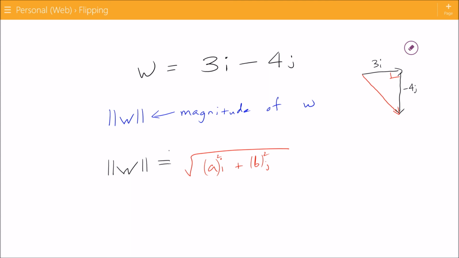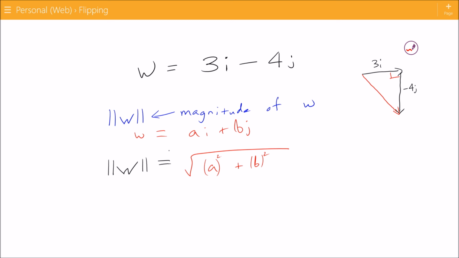And actually, we can even forget about the i and the j at this point because we don't really care about the direction. The i and the j connect to the direction. We're looking at magnitude. Magnitude is separate from direction. So let me rewrite this a little bit then. If w in this case is equal to ai plus bj, it's the square root of a squared plus b squared. It's the Pythagorean theorem, which we have seen for years, and it makes sense.